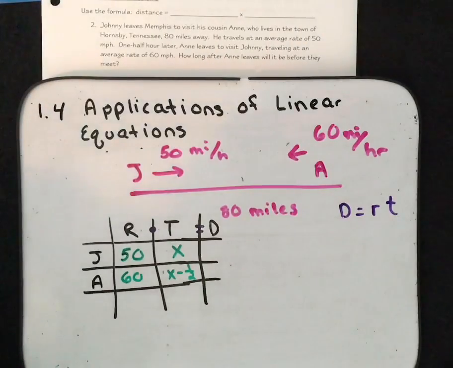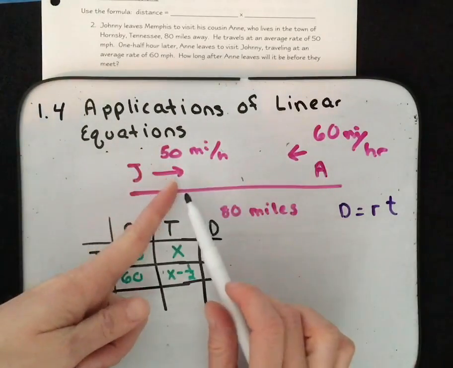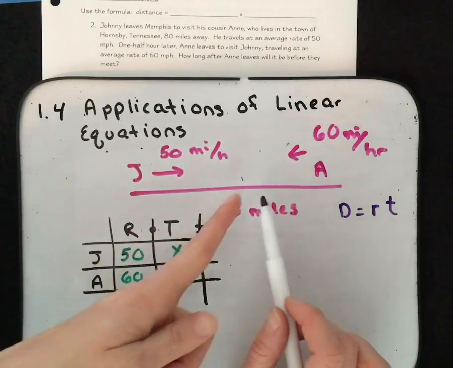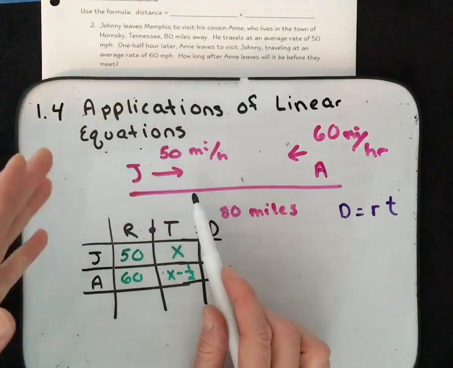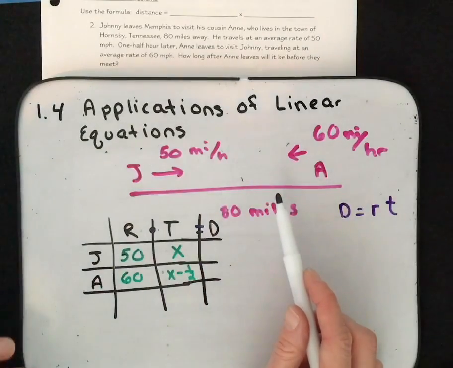So let's see if we can figure out our pieces. We know we have a total distance. When they meet, wherever they meet, the total distance covered by adding them together is going to be 80. Because if they meet right here, Johnny drove this far, Ann drove this far, the total is 80. If they meet right here, Johnny drove this far, Ann drove this far, the total is 80.